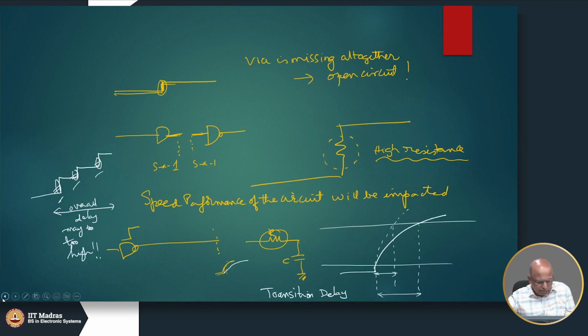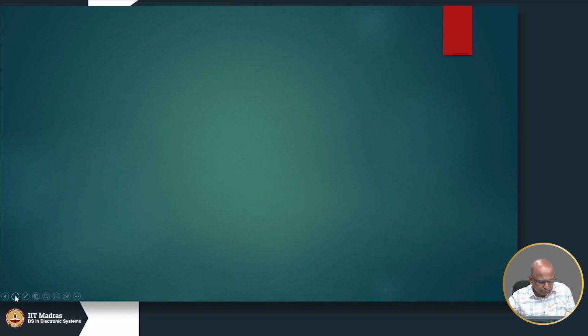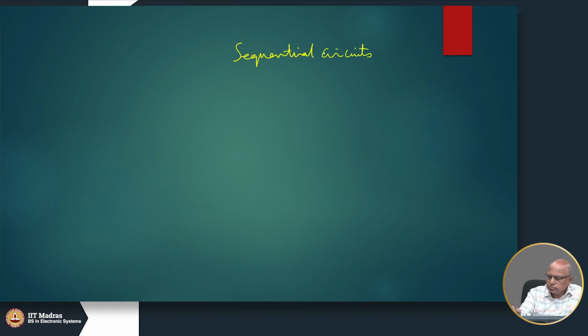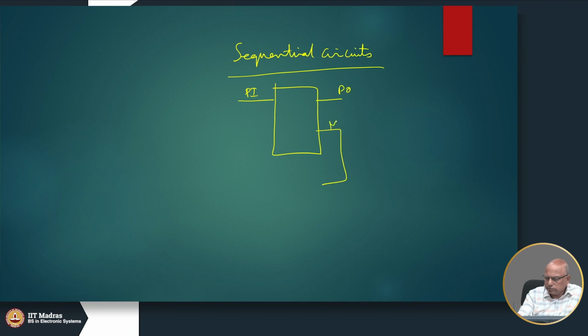So when we design circuits, so in sequential circuits, remember how it works. So there is a primary input, there is a primary output, there is a next state, and then there is a previous state.